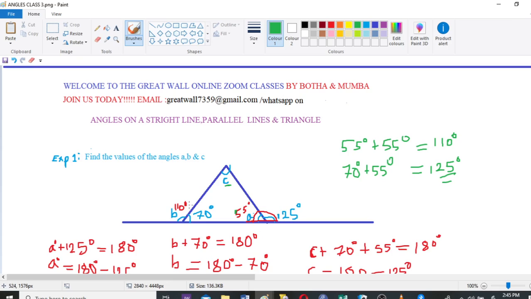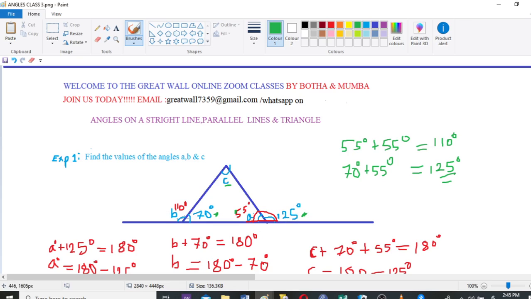So what can you say about the two opposite interior angles of this exterior angle, which is 125? Reason it in that way. Two opposite interior angles of a triangle give you the exterior angle.